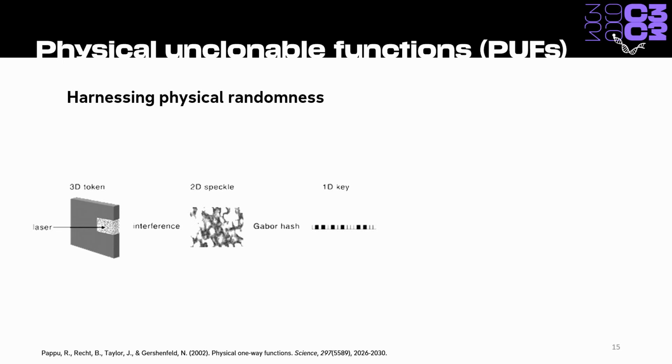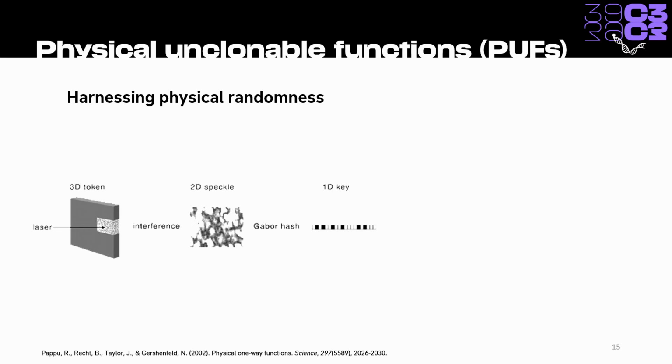And in this first paper, they used a random token. In this case, it was a hardened epoxy with randomly embedded glass spheres. And when they shone a laser onto that token, it would generate a diffraction pattern.